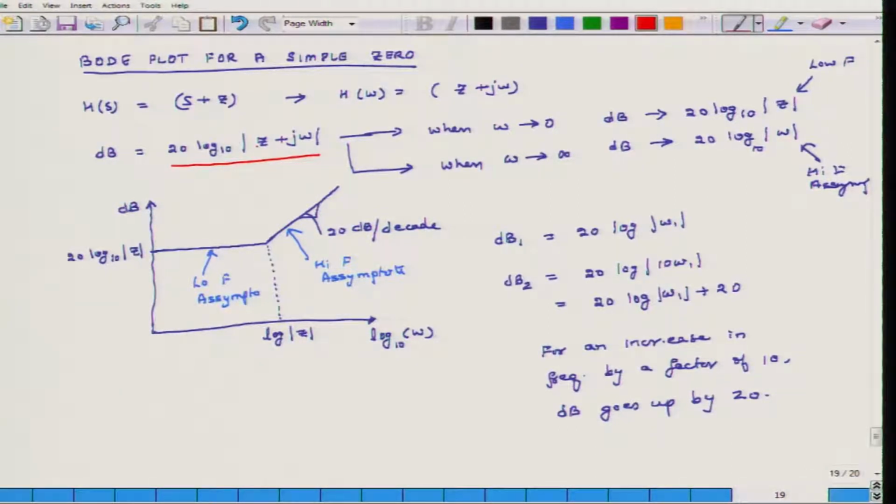So, we see that for any value of omega, z plus j omega, its absolute magnitude is going to be higher, assuming z is real. So, when I plot it, this is my actual response.